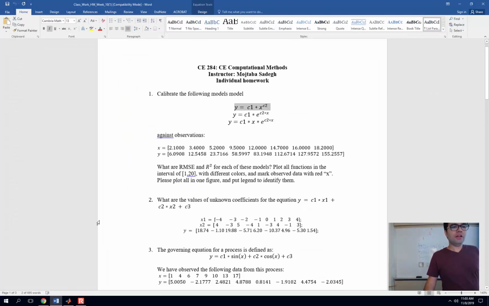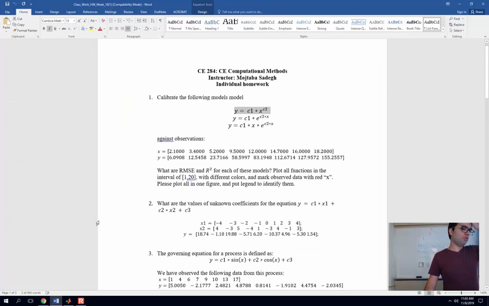So let's move on to question 2. Well, it also asks you to plot them. Can you plot these? You have a function. You define your x values. You say x is linear space of 1 to 20, and then y is equal to c1 times x to the power of c2, right?